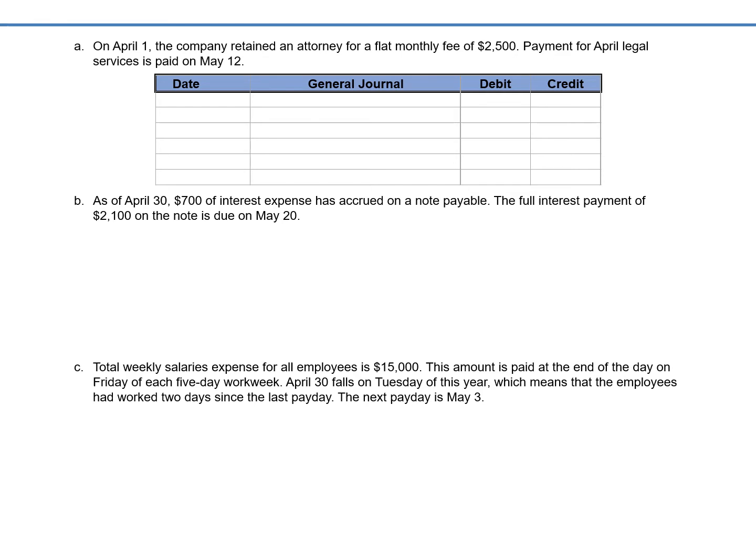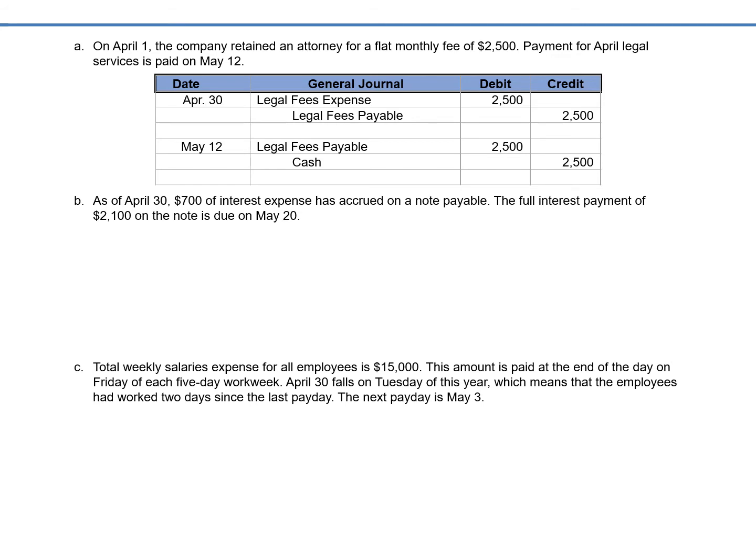So to do that, we record legal fee expense of $2,500, and we record a legal fee payable of $2,500. Then on May 12th, when we pay it, we debit our payable, $2,500, and we credit cash $2,500. Okay.